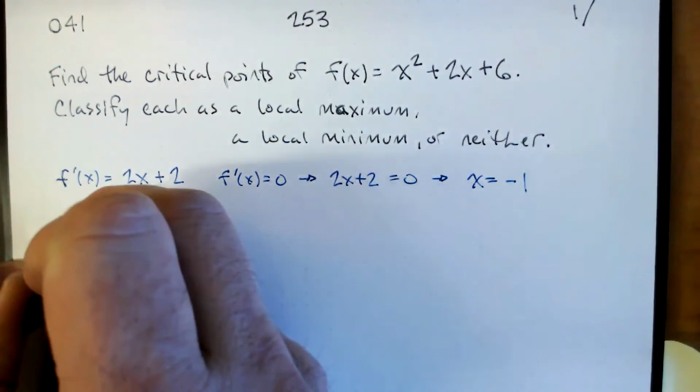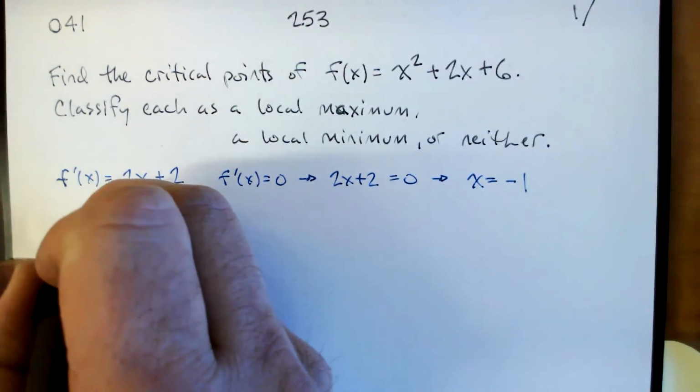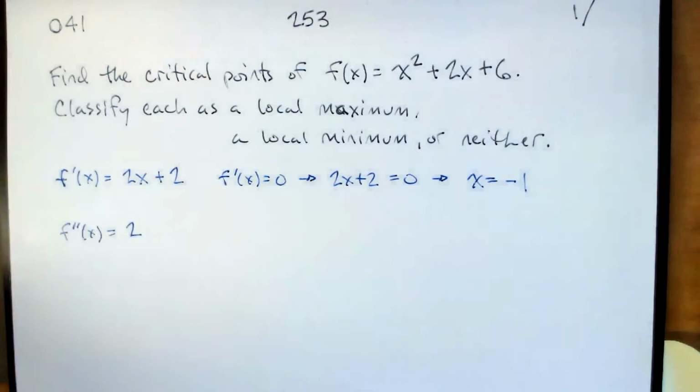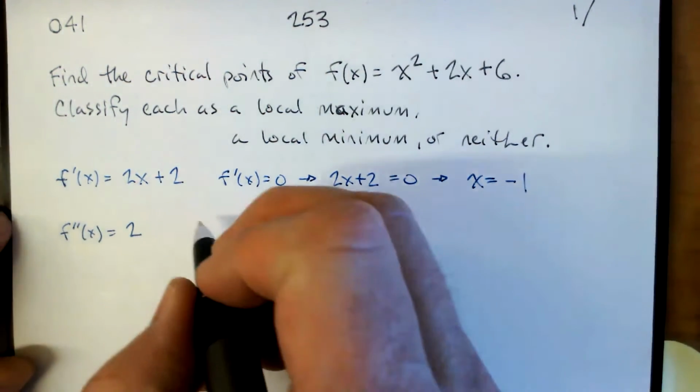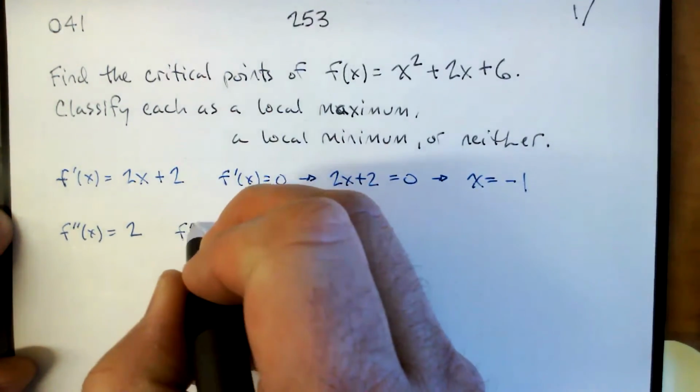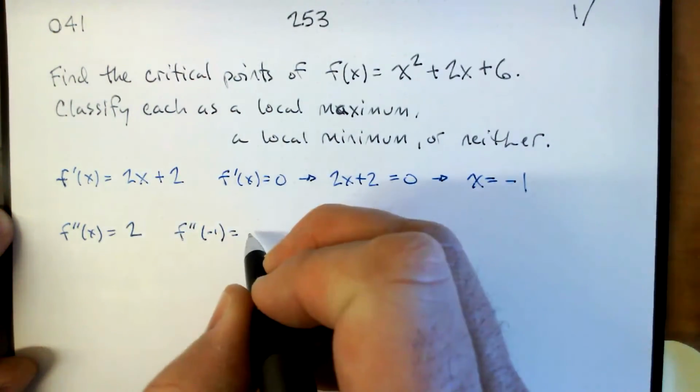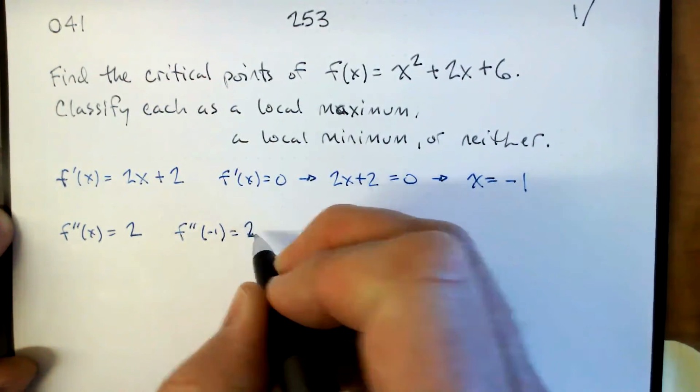If we take the second derivative, the second derivative is a nice constant 2. So the second derivative evaluated at x equals -1 will give us 2, which is positive. So f double prime of -1 is equal to 2.